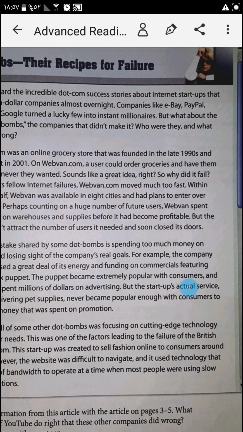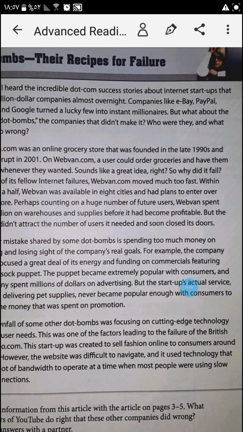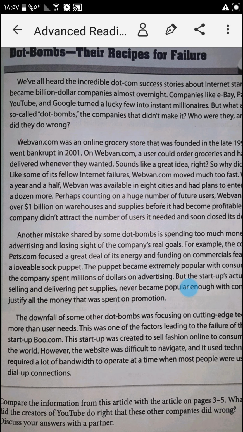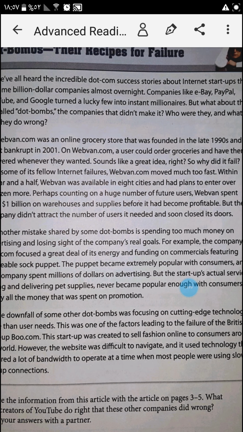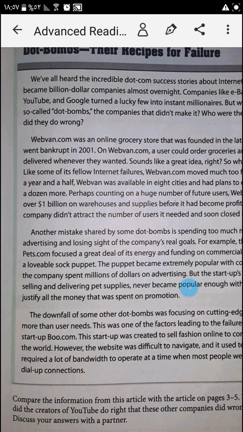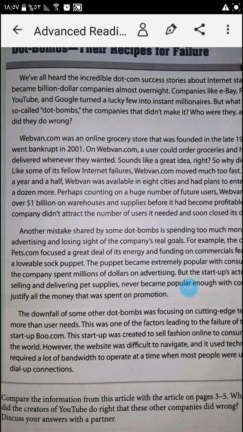Sounds like a great idea, right? So why did it fail, like some of its fellow internet failures? Webvan.com moved much too fast. Within a year and a half, Webvan was available in eight cities.